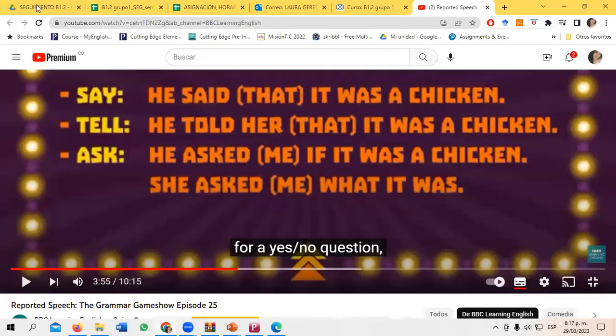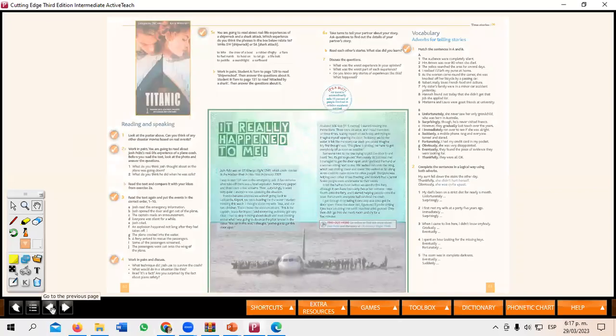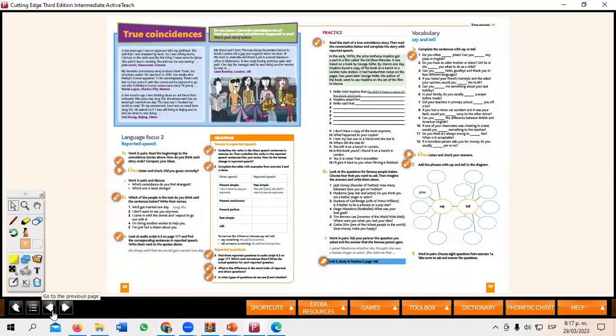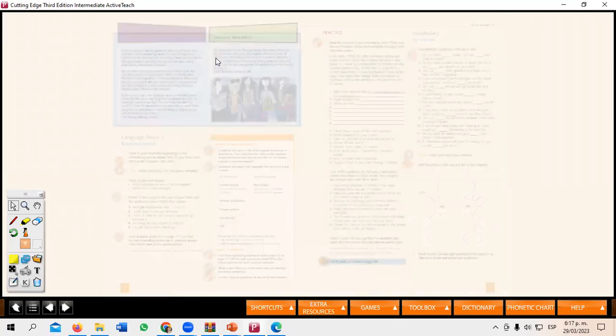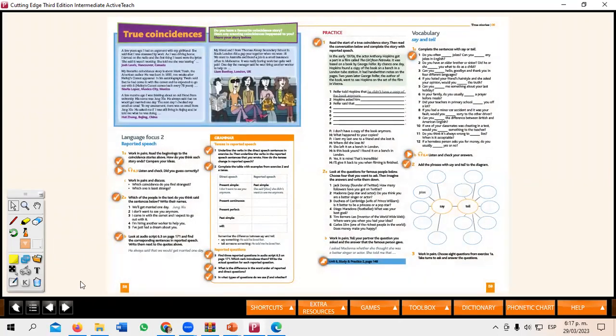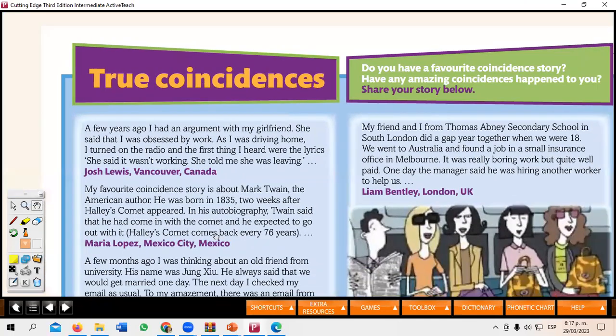So we're going to start with this topic right away in our book. We can check pages 58 and 59, right? We're going to continue on unit 6, page 58. We are going to start by reading this text.